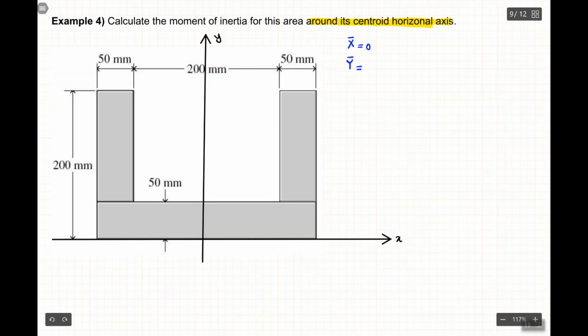As we discussed earlier, we break down this area to basically multiple areas, which sort of we can guess. Already the question did that for us. So let's call this one A1, and let's call this one A2, and let's call this one maybe A3. But since A2 and A3 they are the same, we can also call this one A2.